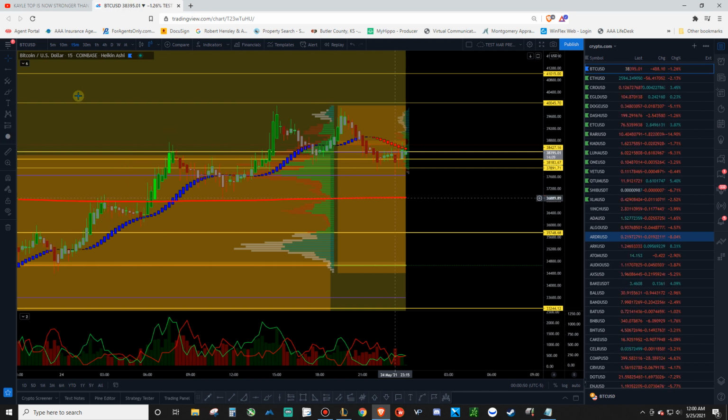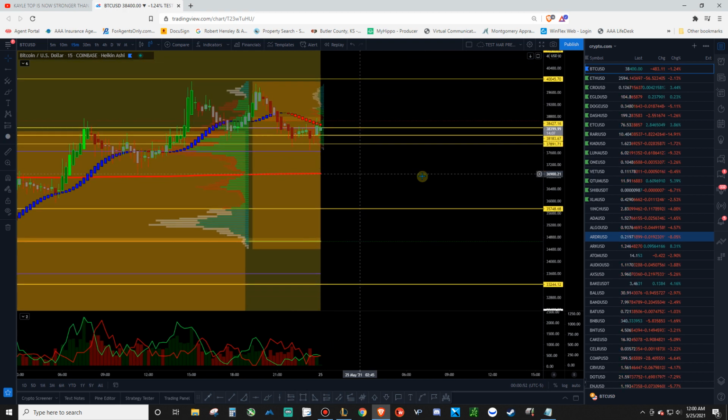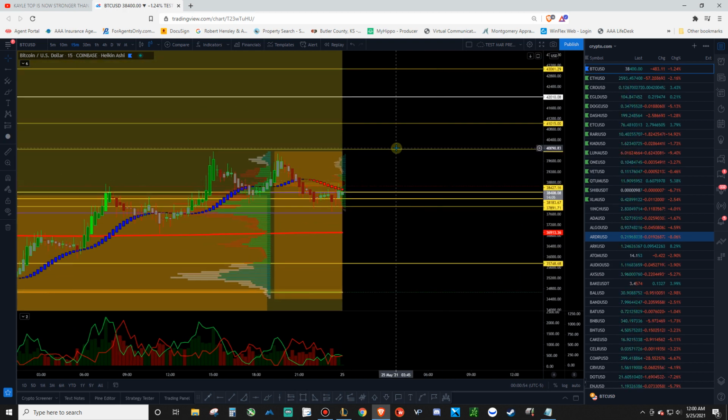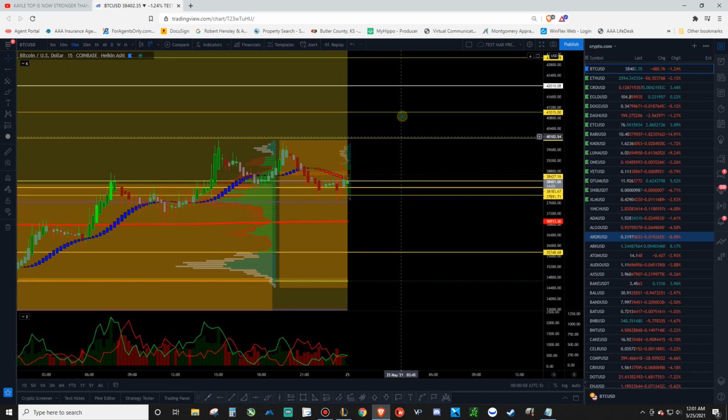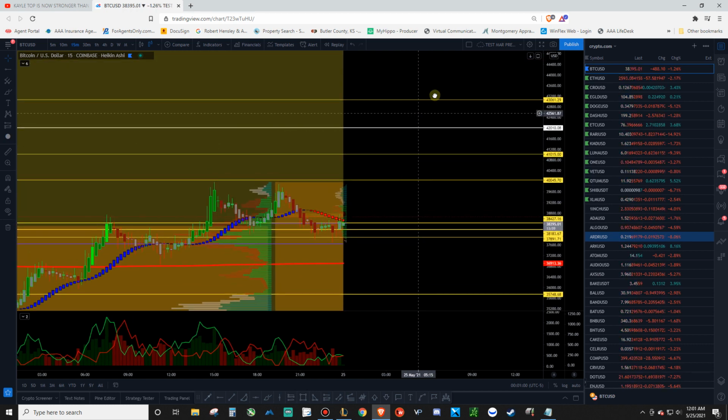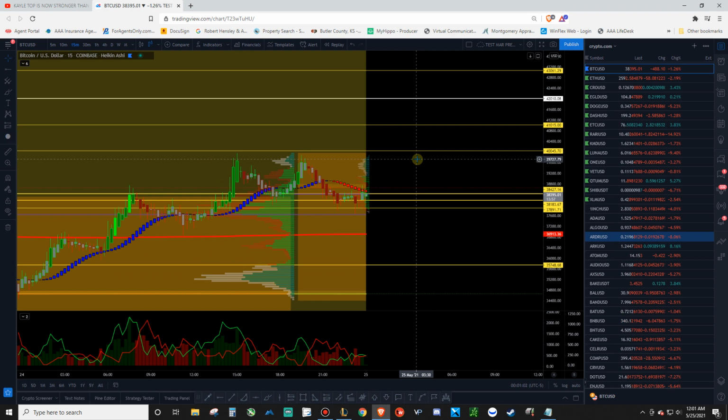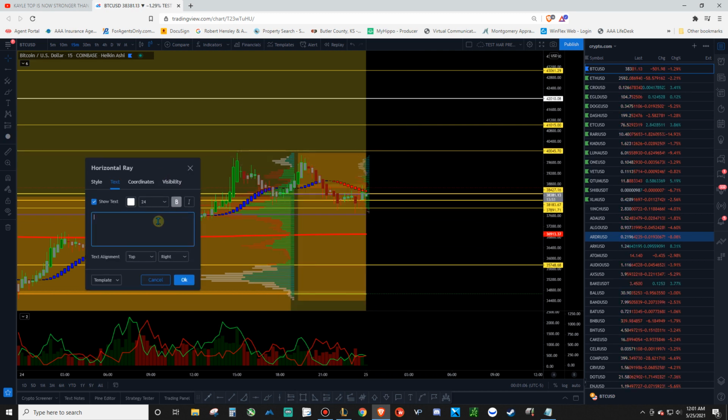Okay, so by adding those horizontal levels, now I've got yellow levels going all the way up and white levels. I know which levels are big. These are weeklies. This is going to be a monthly, and I could go so far as to even label them too if I wanted to. If I was really detailed, some of you might say, okay, this was the week of April 4th through 11th close or something like that.